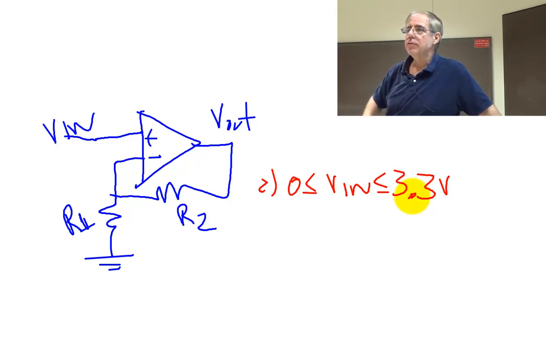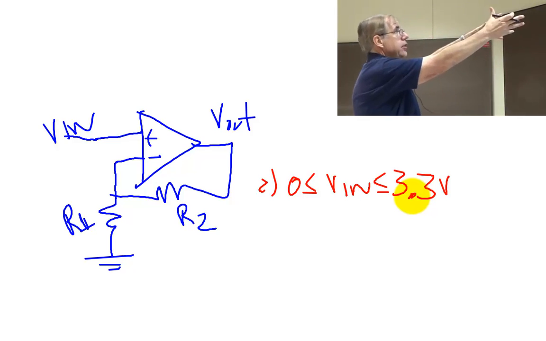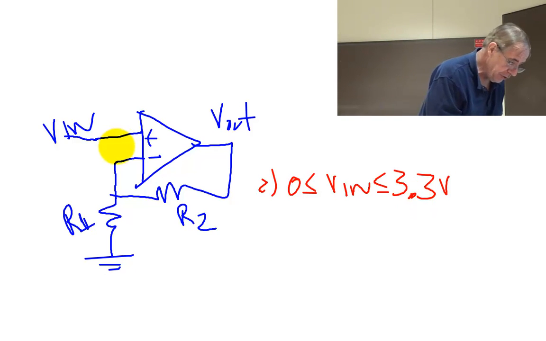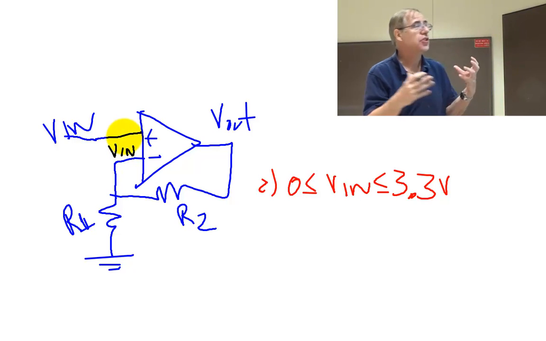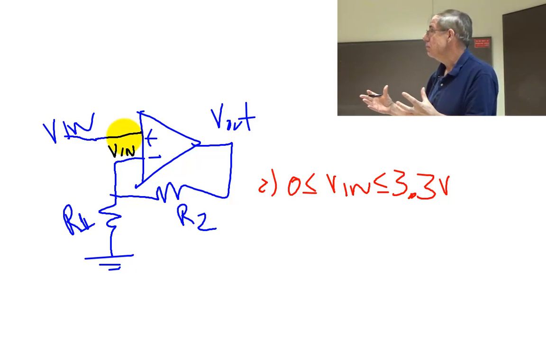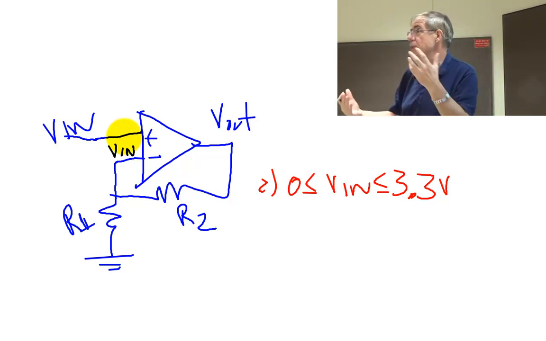I wrote it down. What's rule number 3? The voltages at the inputs are approximately equal. So when I analyze this circuit, I know that this voltage here is not connected to or shorted to Vn, but it is going to be approximately equal to Vn.